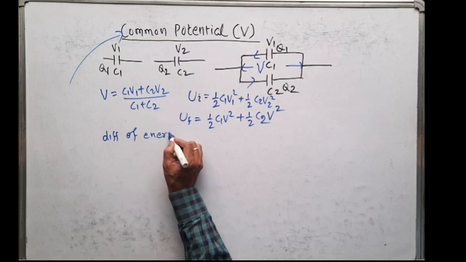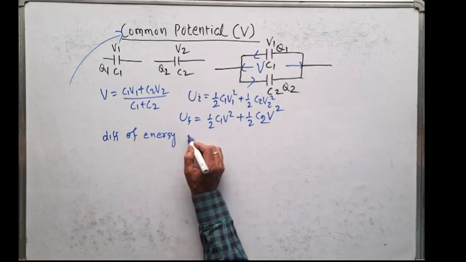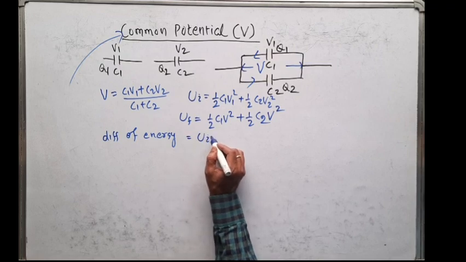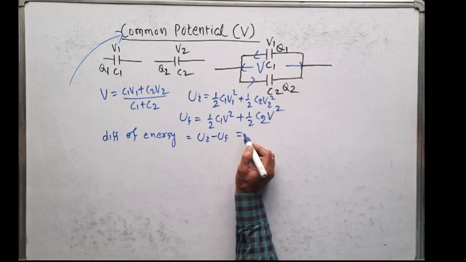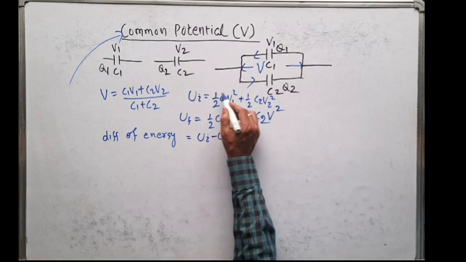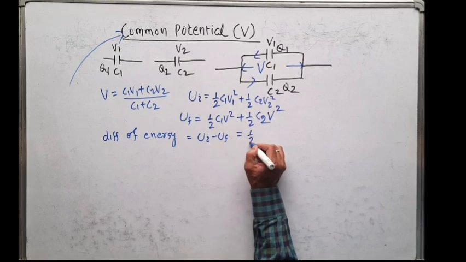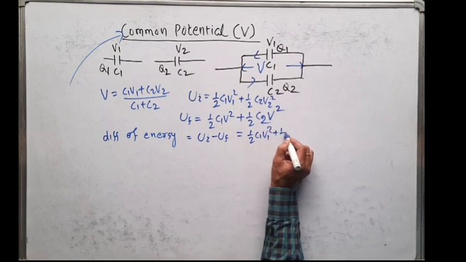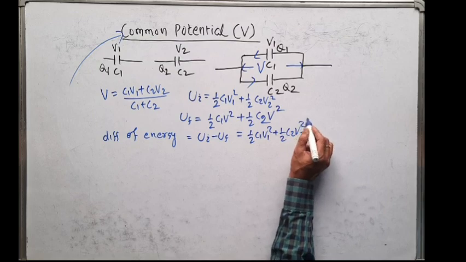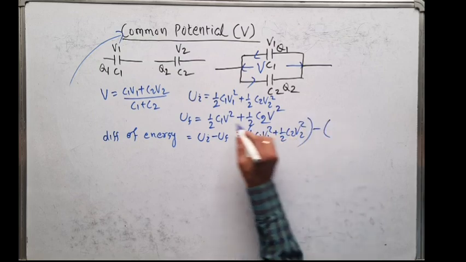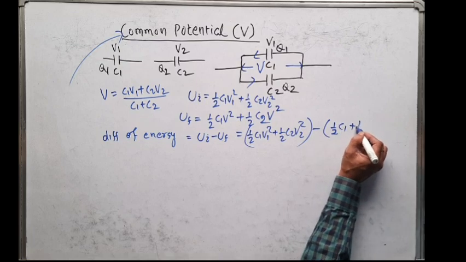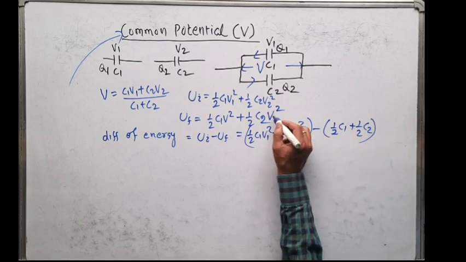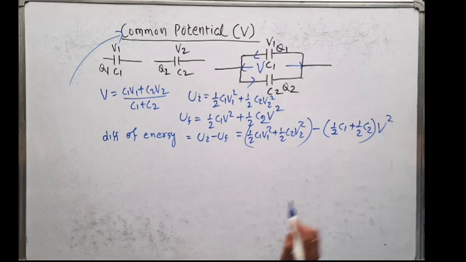I will take initial energy minus final energy. So here this is the initial energy, half C1 V1 square plus half C2 V2 square, minus the final energy, half C1 plus half C2 into V square. I am taking V common.